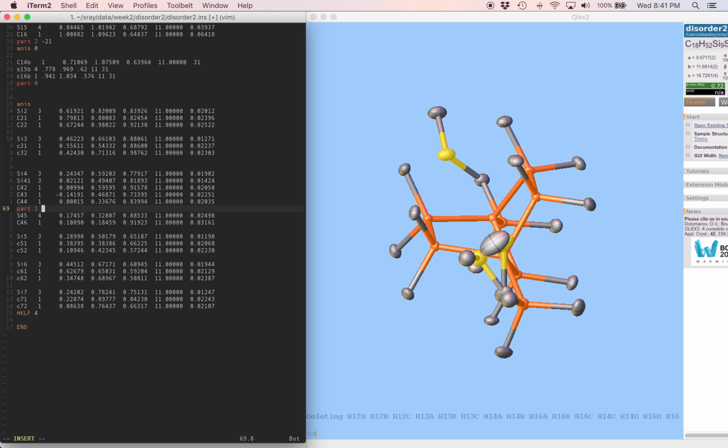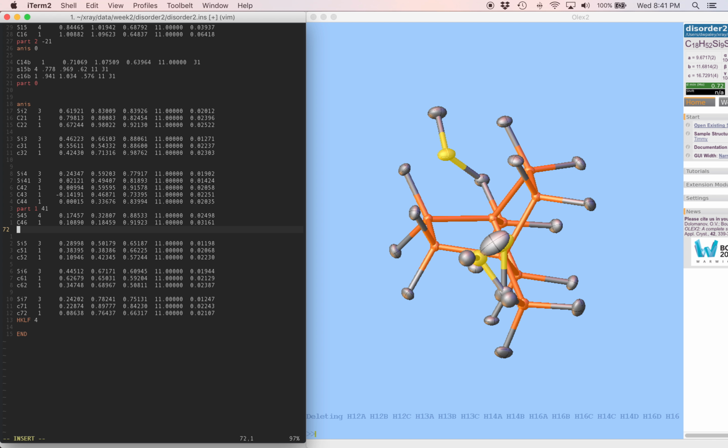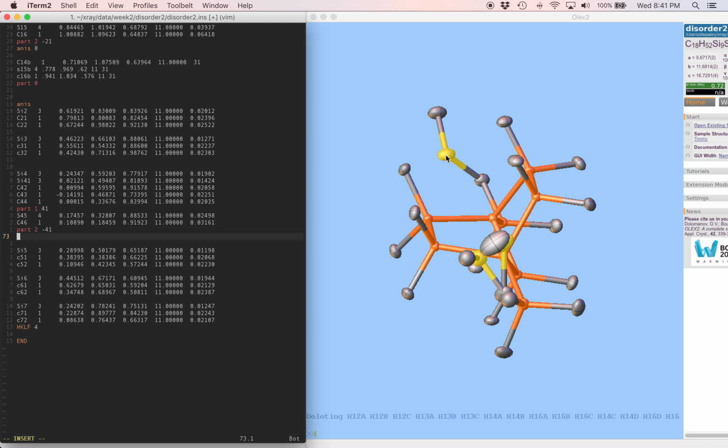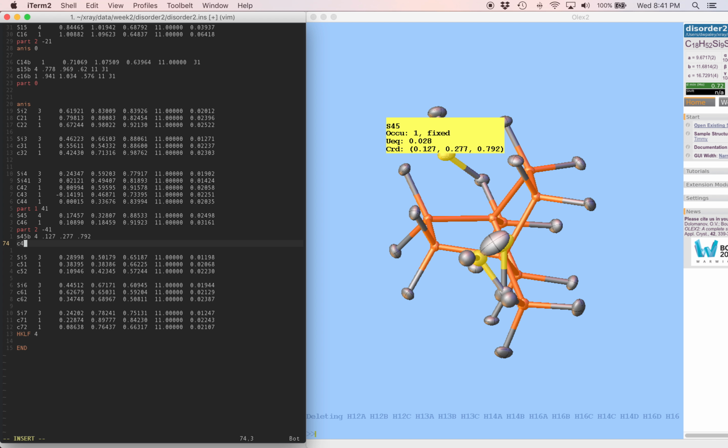We're going to use our next unused free variable, which is number 4. There's a part 2. This is minus 41. And the atoms are going to be S45B, 127.277.792 and C46B with these coordinates.